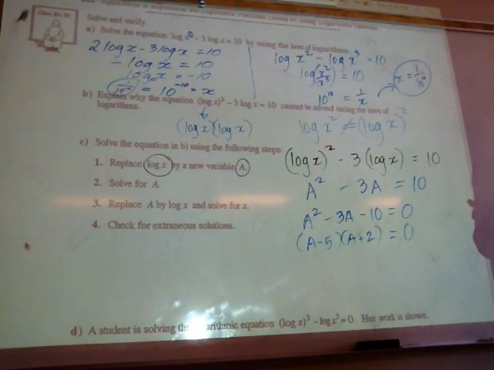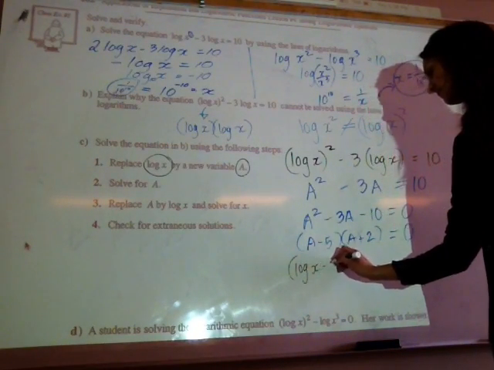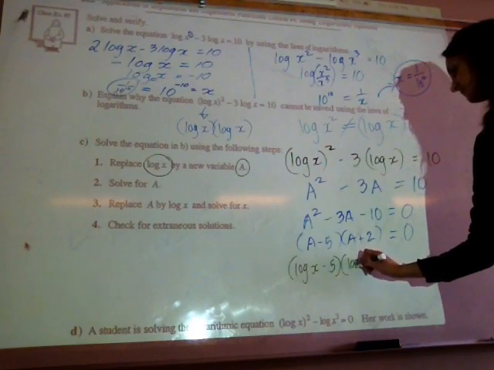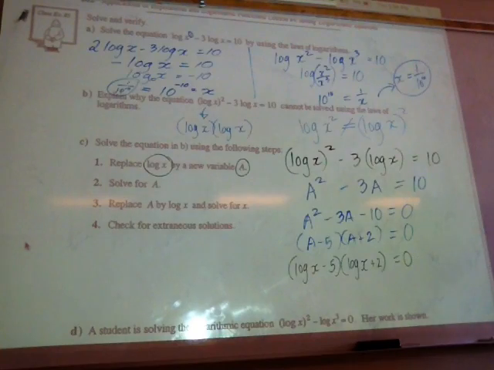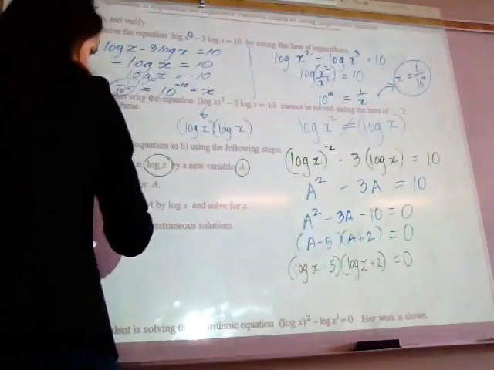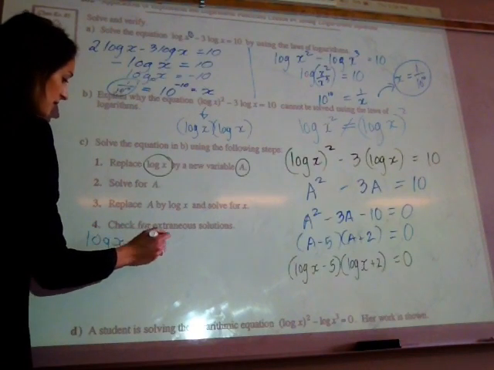So we have to sub log x back in before we solve. Now we can set each factor or each binomial equal to 0 to solve. So let's do the log x minus 5 equals 0 to start.